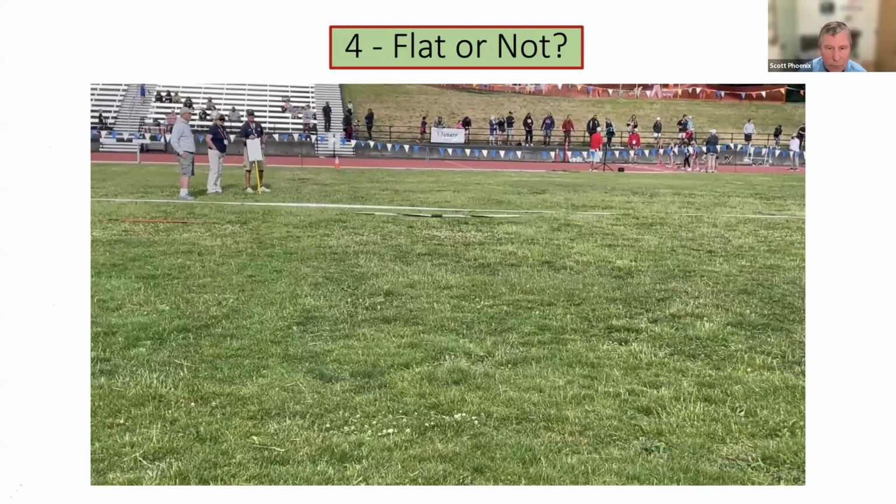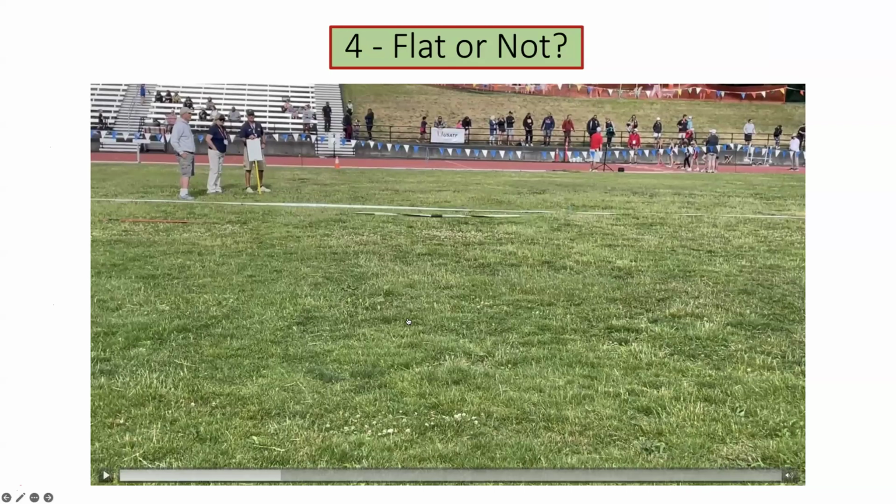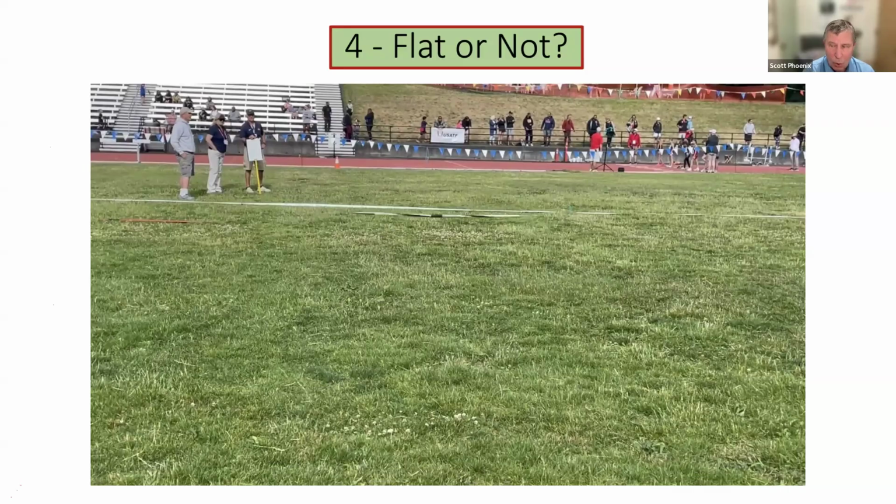I mean, this reminds me of race walking when you're calling people for improper posture, and they say it's what appears to the naked eye. Yeah. To the naked eye, it looked like a flat to me, but when you slow it down, it's not a flat.